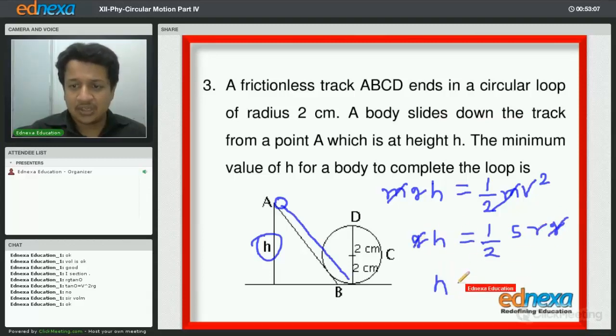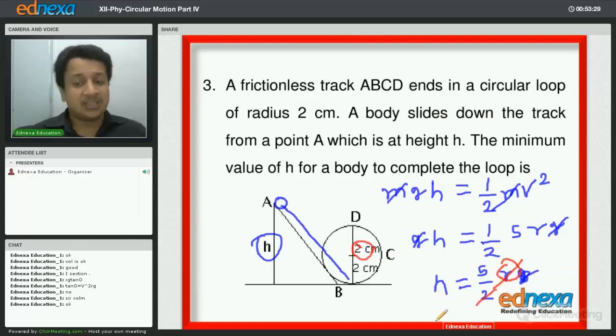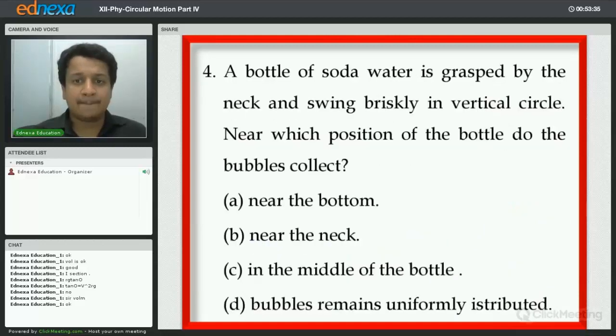So h is equal to 5 by 2 r. Sorry, not rg, r. What is the value of r? The value of r is 2 centimeter, no? So putting 2 over here, that 2 will get cancelled. What is the value? The answer is 5 centimeter. Getting it? In this way you can solve this numerical.